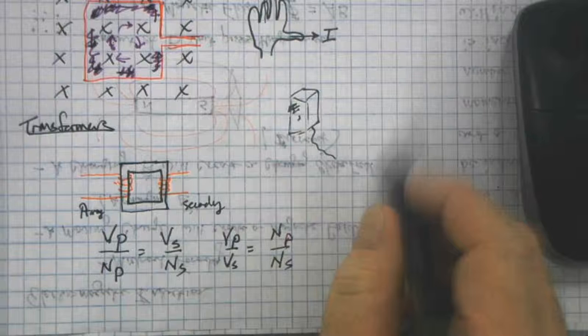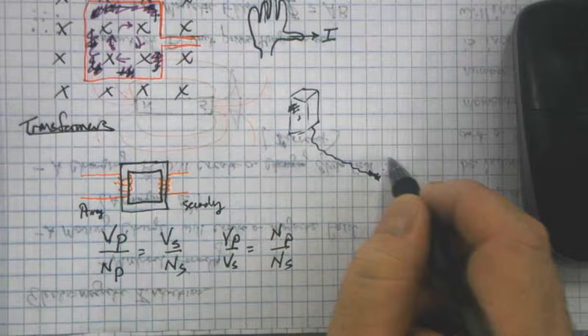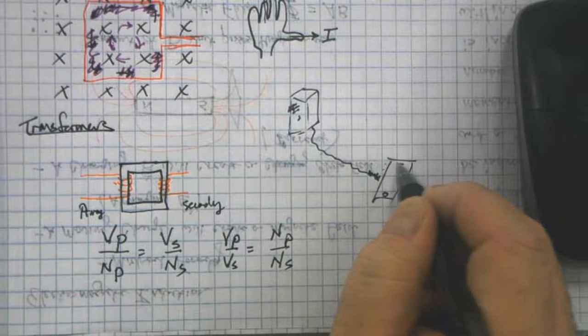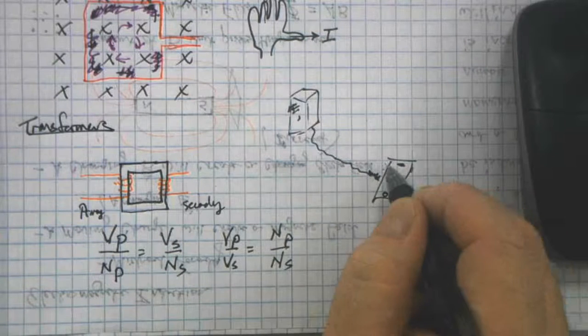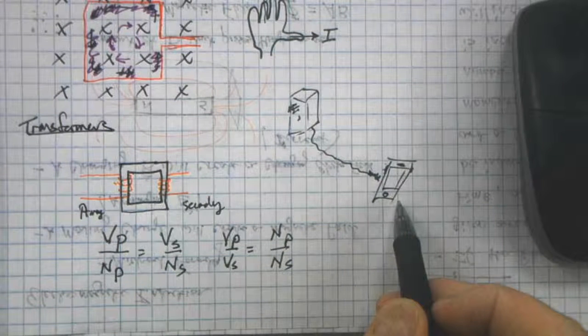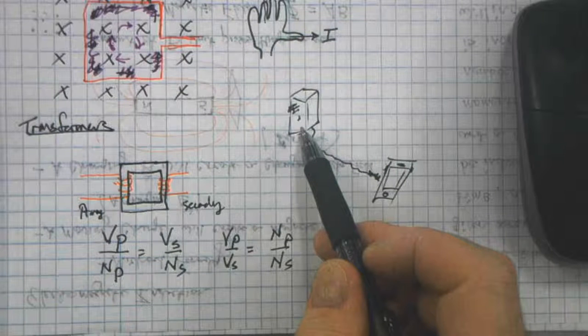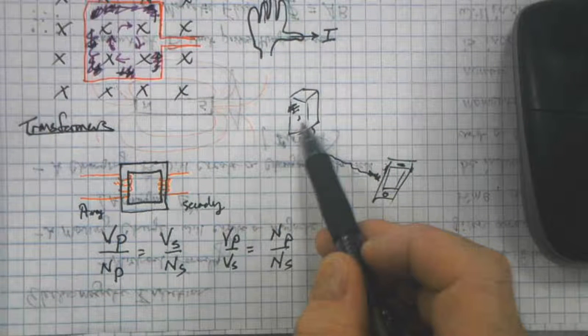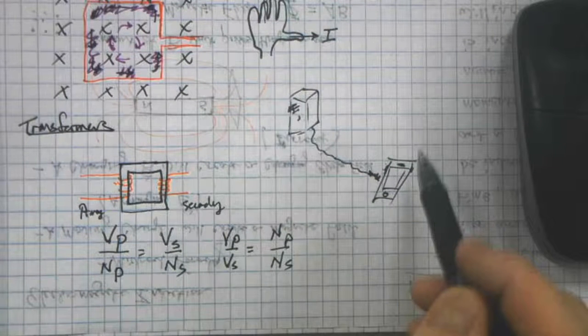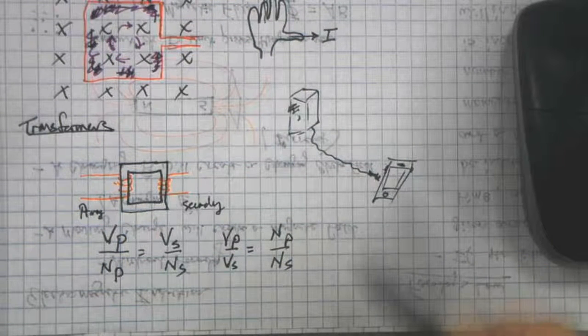And you plug this into your device. This is also a transformer, but this takes it from your wall current to a voltage that your phone can handle, which is even lower than that. So it's another kind of transformer.